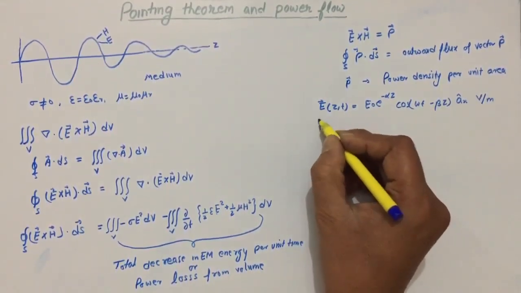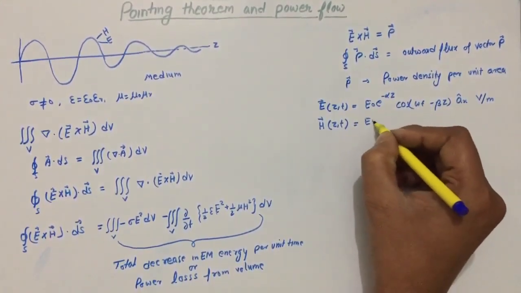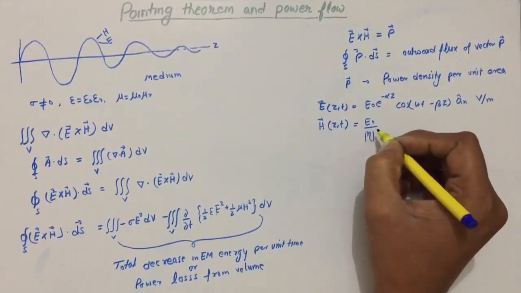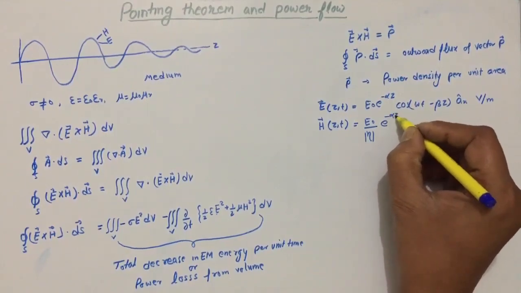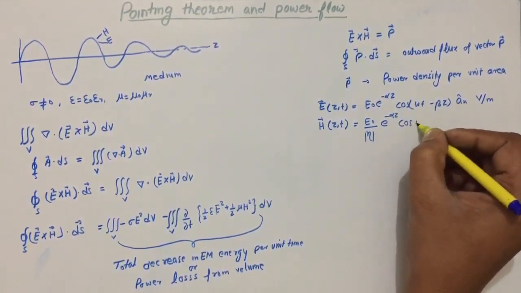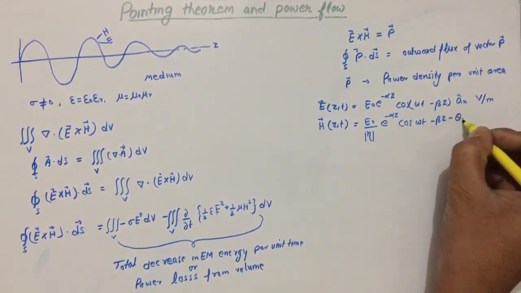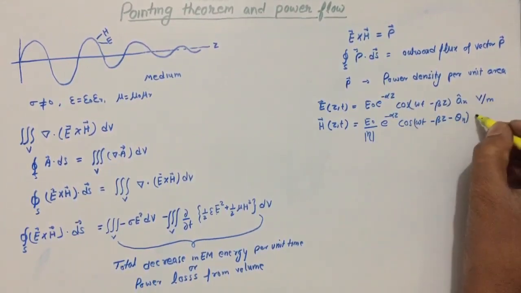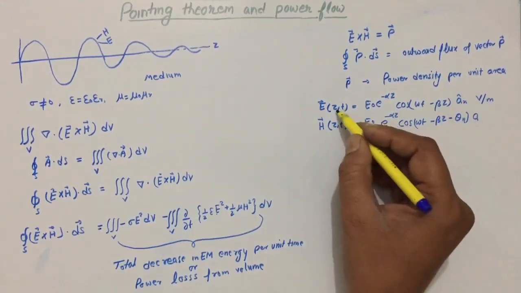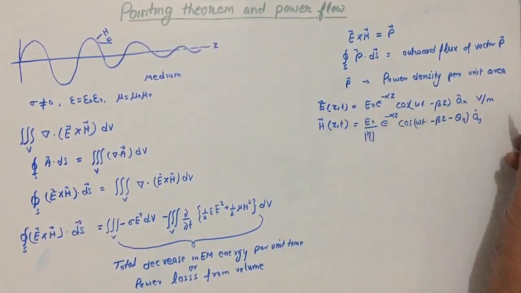At the same time, H can be written as E naught divided by mu, which remains the same with some lagging angle theta. It will be normal to that, in another direction. If it is propagating in the z direction and E is in the x direction, then H should be in the y direction, and the unit will be ampere per meter.